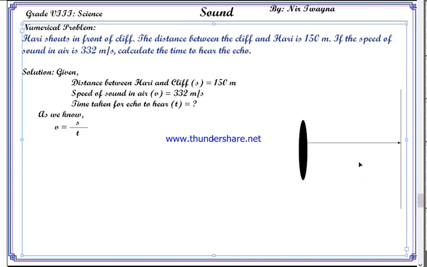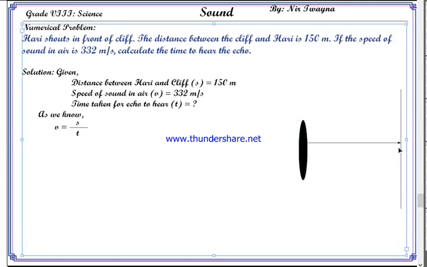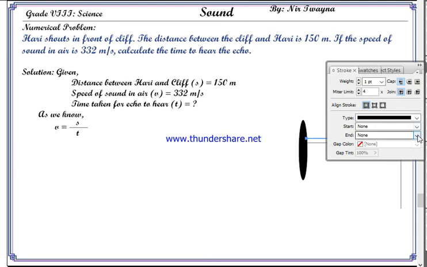That means the distance between the boy and the cliff. But when sound reaches here, will the boy hear the echo? No. For echo to be heard, this sound must return to the boy, covering the same distance once again.